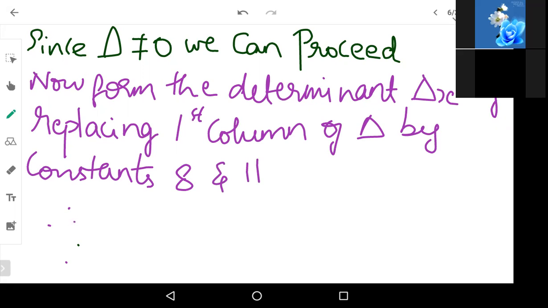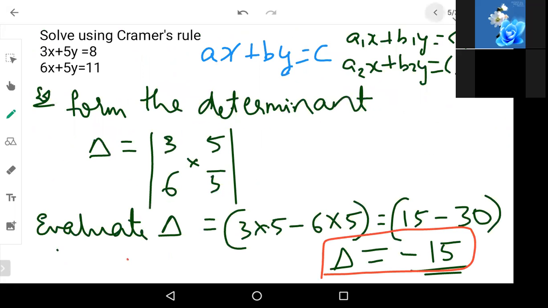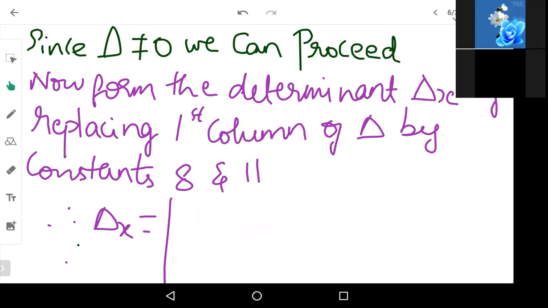Okay, therefore delta x is equal to, now in the place of 3 and 6 we will have 8 and 11. So the determinant will become 8, 11, 5 and 5. So in the place of A1 and A2, I have replaced C1 and C2. Did you understand? Are you all able to follow? In the place of A1 and A2, I have replaced C1 and C2.